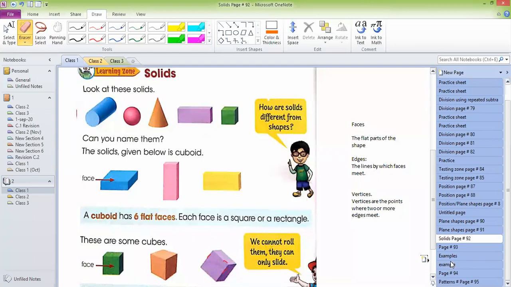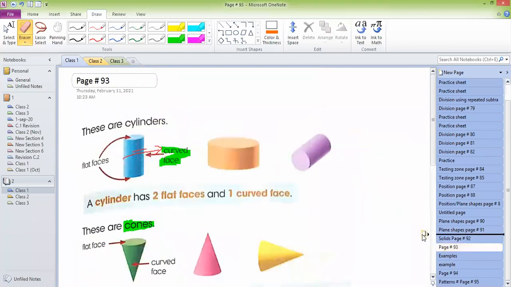Another shape you learnt about is the cylinder. We learned that it has three faces. The two faces of the cylinder are flat, the top and the bottom, and one of the faces is curved. So a cylinder has three faces, two of them flat and one of them curved.